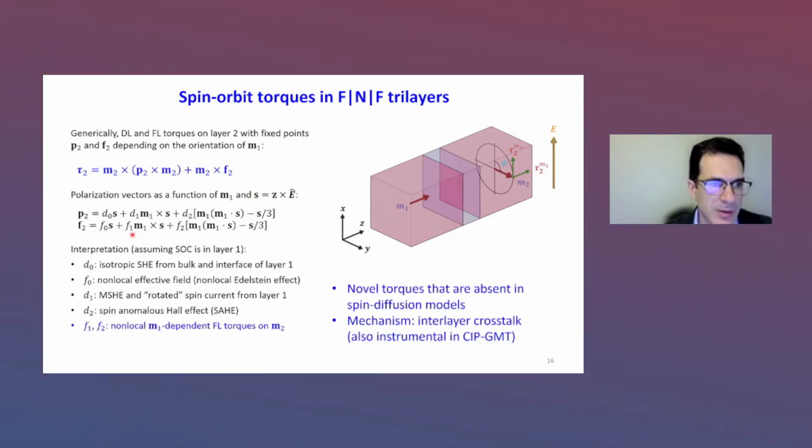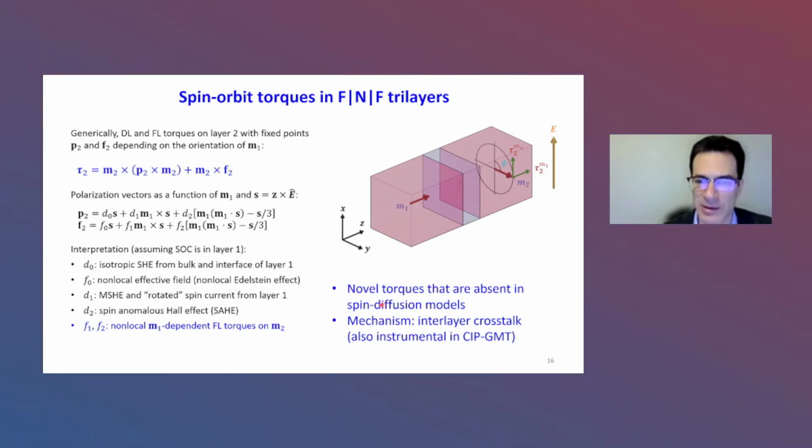But there are also two terms here that are non-conventional. Those are non-local M1 dependent field-like torques acting on M2, so they contribute to this F2 here.